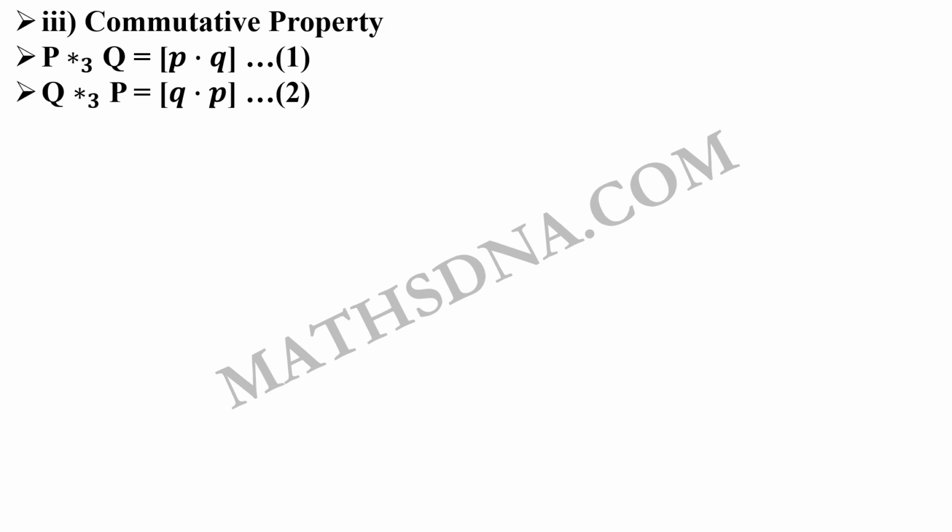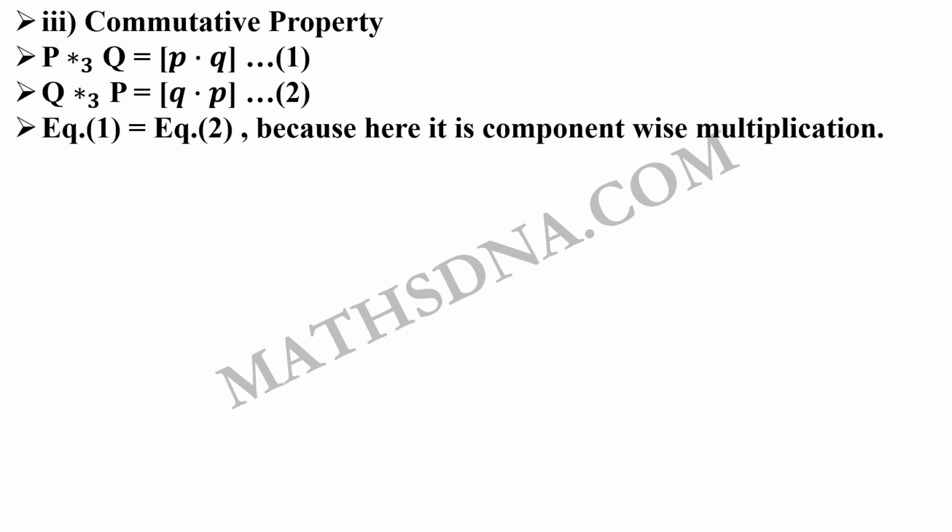Moving on to the third one, commutative. We already saw in the previous one that component wise multiplication was commutative, and here also component wise will be commutative because P dot Q or Q dot P, where all the P's are equal and all the Q's are equal, will be equal. So equation 1 is equal to equation 2 and it is commutative.